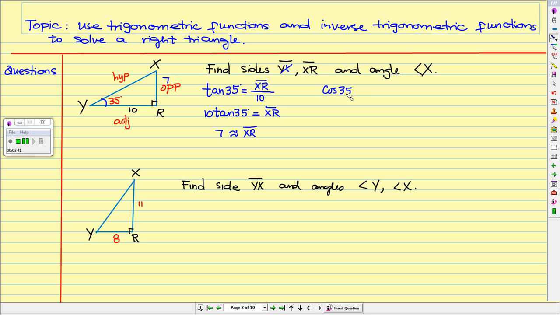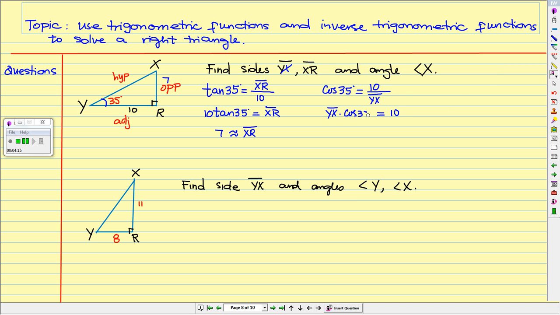So cosine of 35 degrees is adjacent divided by hypotenuse. Adjacent is 10, and the hypotenuse is YX. Now I multiply YX to both sides, so you have YX times cosine of 35 degrees is 10.